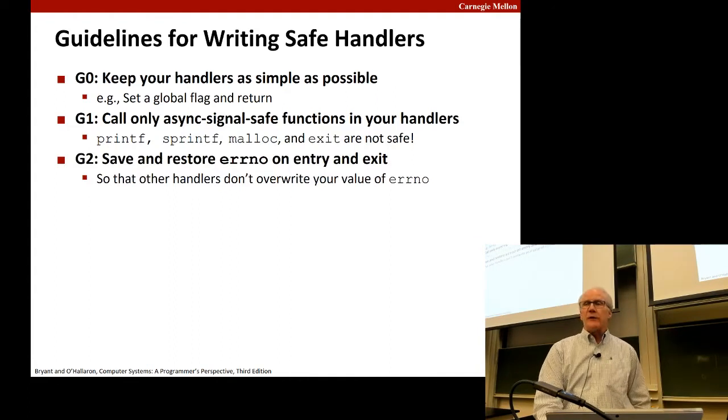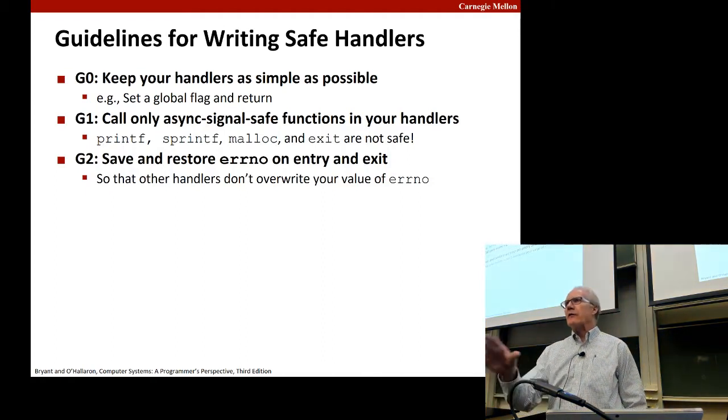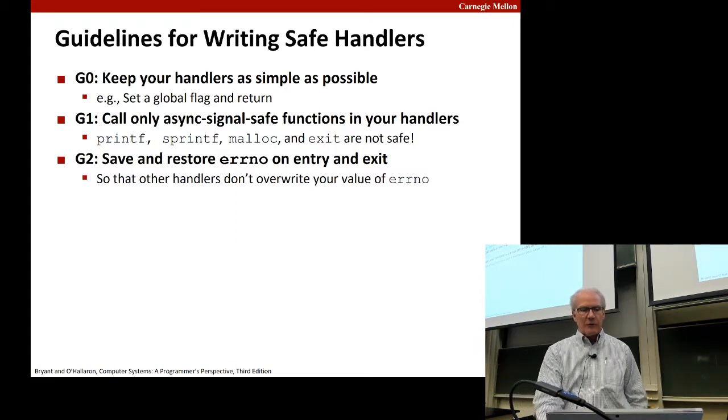The other is that there is a global variable called errno, which is used to pass some information if an error occurs in a system call. And you're supposed to basically save that when you start the signal handler and restore it back. Because remember, any global variable that the signal handler accesses and changes will be permanently modified when the signal handler returns.